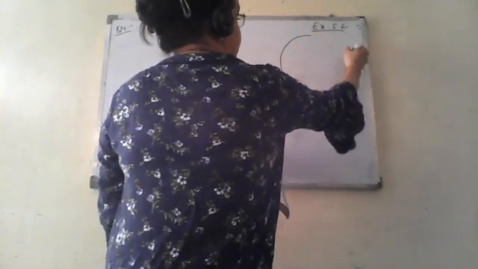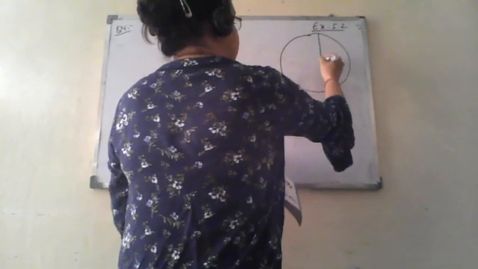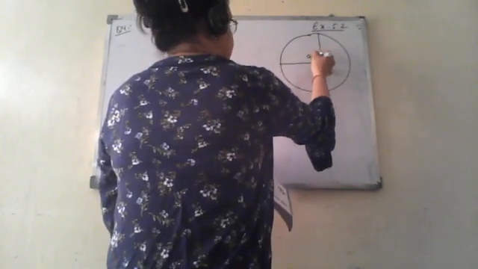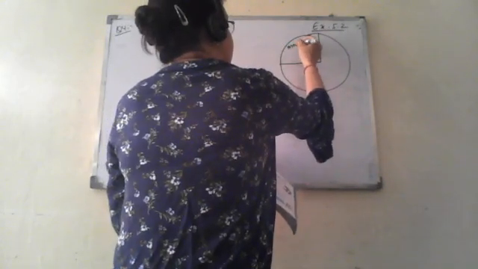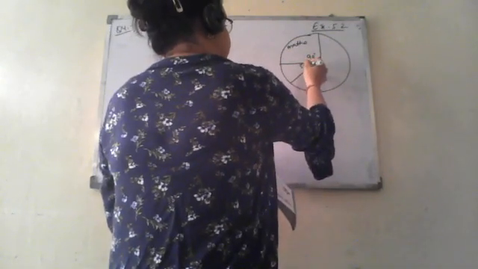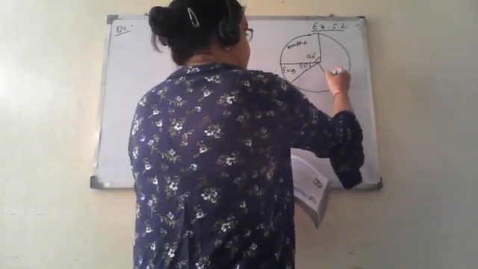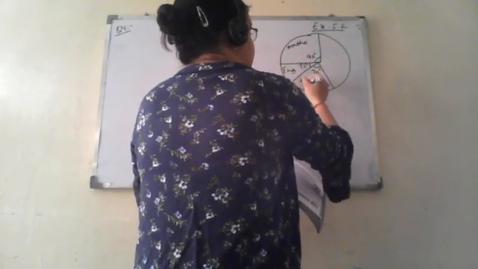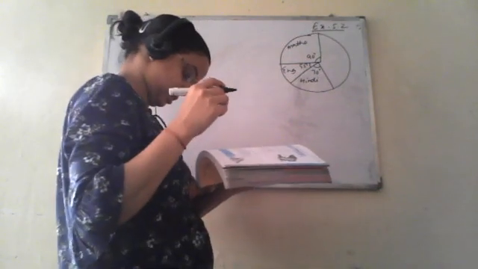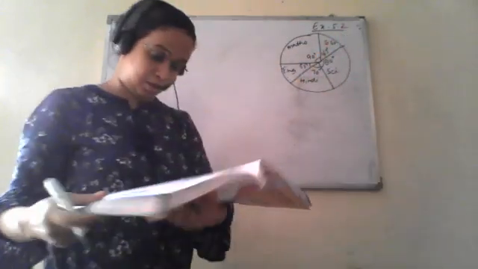Now see, this is 90 degree, this is for maths, okay, this is 55 degree, this is for English, this 70 degree, it's for Hindi, 80 degree for science, and remaining 65 degree for social science or SST.